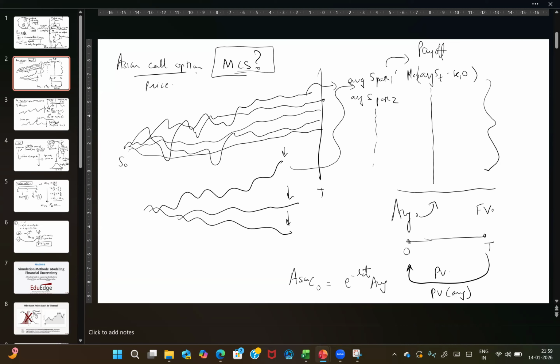So when I say the payoff on each path is this, can I say the next step is to calculate the expected value? Yes. One way of calculating expected value is just to take the average, and that's generally the case if millions of paths are done.